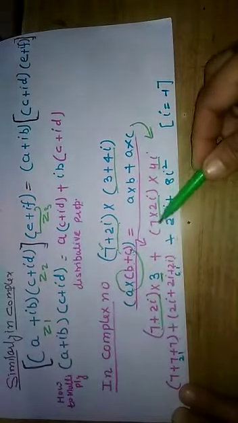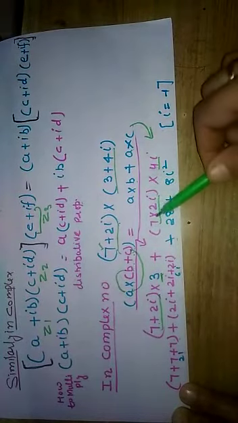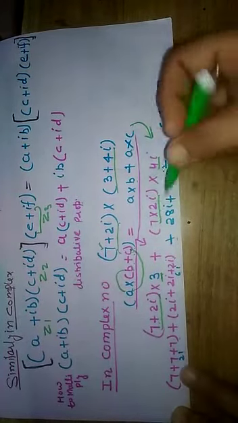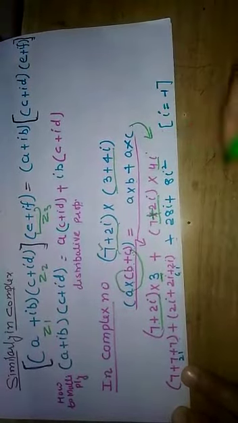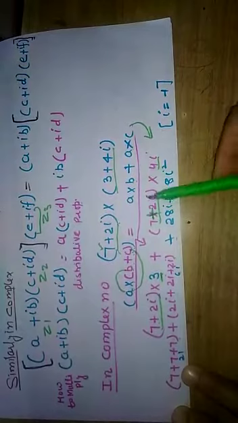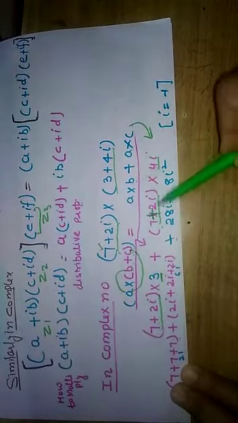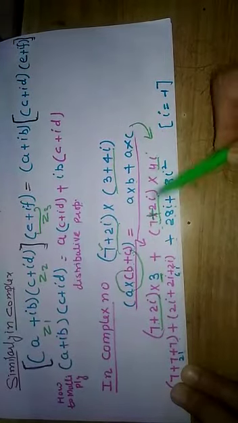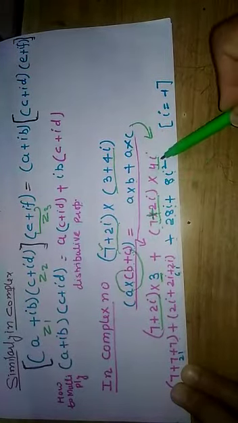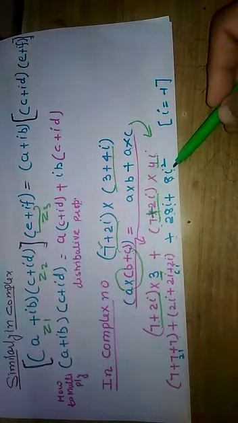On the other hand, I have multiplied 7 plus 2 iota by 4 iota. I can't add 7 four iota times, so I will simply multiply it. 7 multiplied by 4 is 28 iota along with it. And 2 multiplied with 4 is 8 iota square. You can say I'm getting iota multiplied by iota, that is iota square.